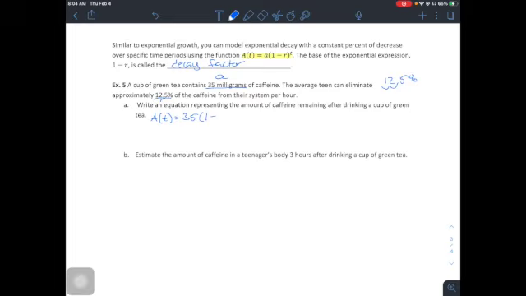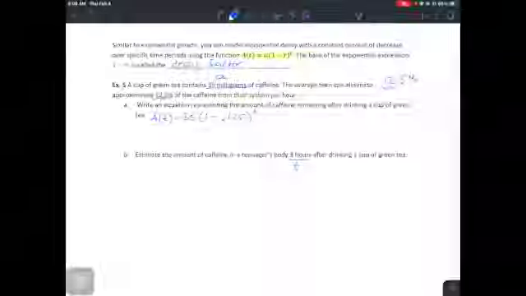So 12.5% as a decimal, if I move it over to the left twice, is 0.125, to the t power. It's important to know that t is hours here, because we're given the percentage as, hey, they lose this percent per hour. So B, estimate the amount of caffeine in a teenager's body 3 hours after drinking that cup of tea. That's our time period there. Whereas if our time period was in days, we'd have to then convert it.